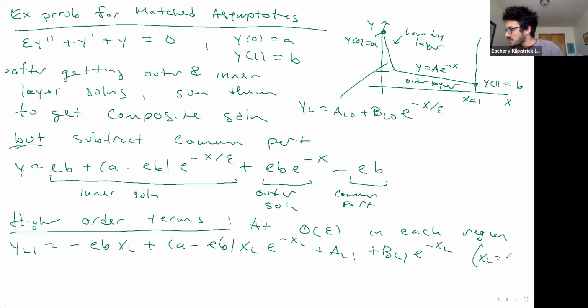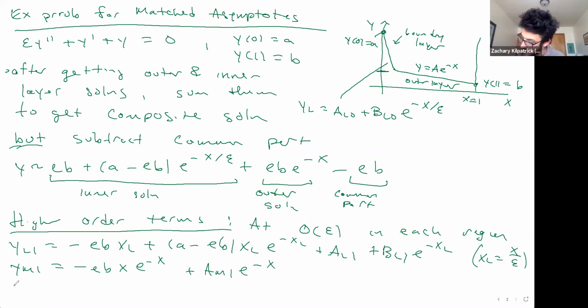Where remember XL was our compressed coordinate here, x over epsilon. Our outer solution is going to be of the form minus EB x times e to the minus x plus AM1 e to the minus x.